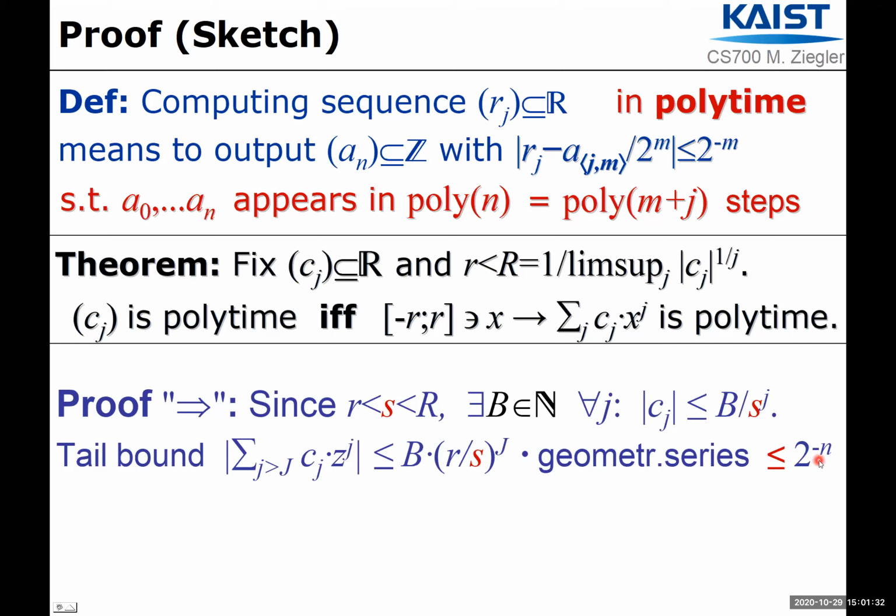So by taking j roughly of magnitude n, up to some constant factor which depends on R and S.